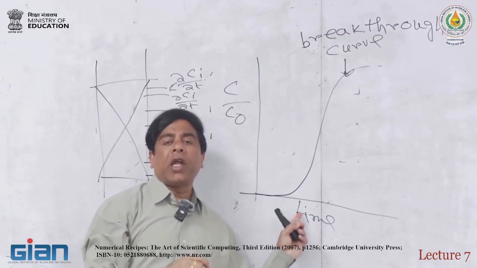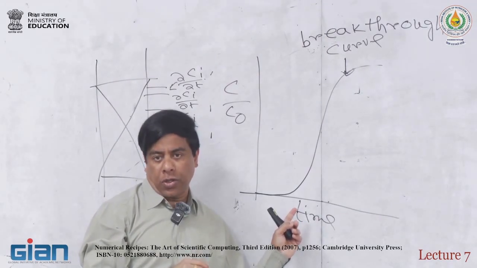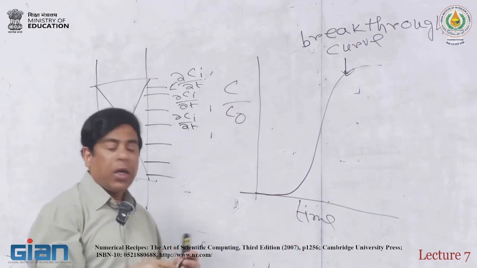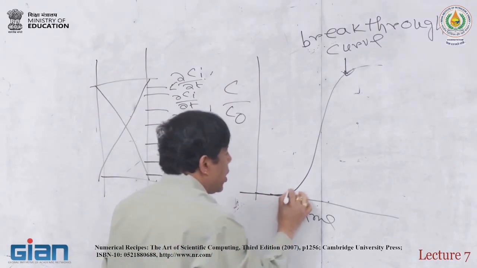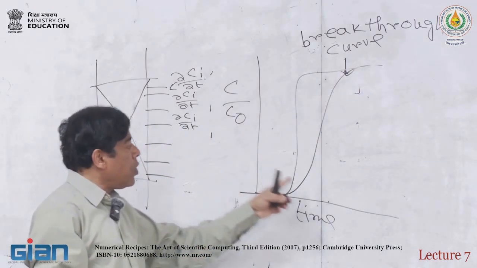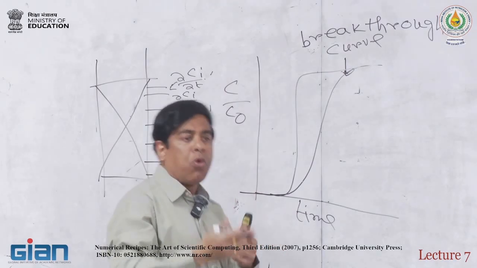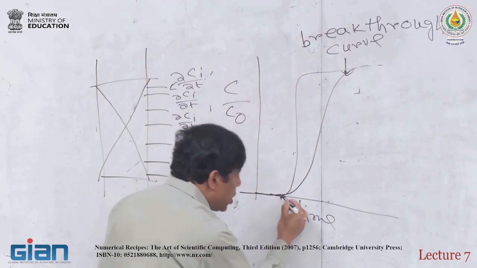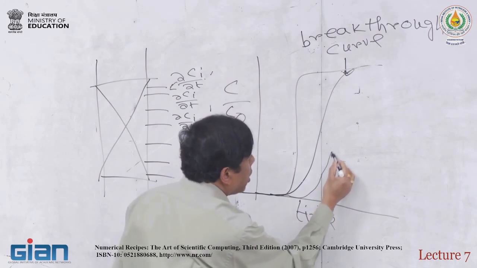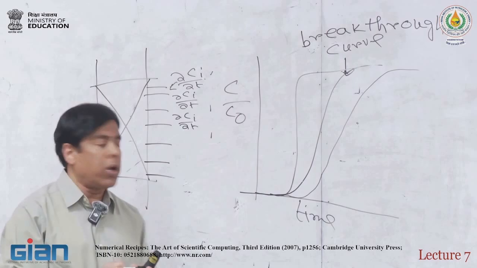So if I have an adsorbent which has very little kinetic resistance, this will become like this, and it will become more elongated as we have more and more resistance. So it will be going like that, right? It will bring more and more elongation.